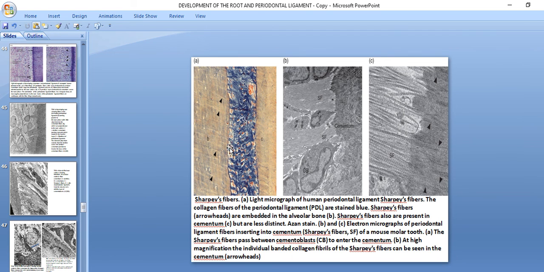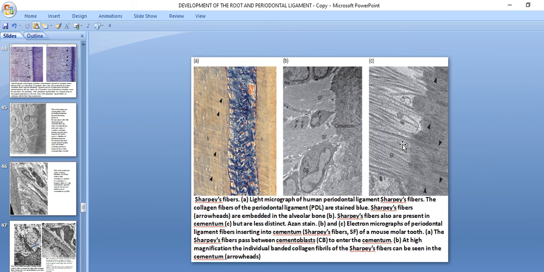And you can see the Sharpey's fibers extending from the periodontal ligament to bone and to the cementum here. Here you can see the Sharpey's fibers which extend into the cementum, which are present in cementum but are less distinct.